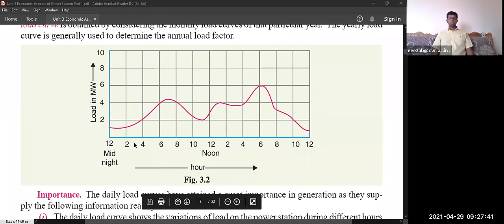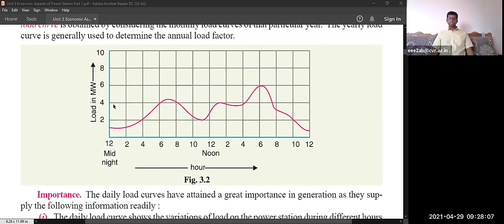Two hours interval: 12 midnight to 2 a.m., then 4 a.m., 6 a.m., 8 a.m., 10 a.m., next 12 noon, 2 p.m., 4 p.m., 6 p.m., 8 p.m., then 10 p.m., and again 12 midnight. So for a whole day, it is plotted.